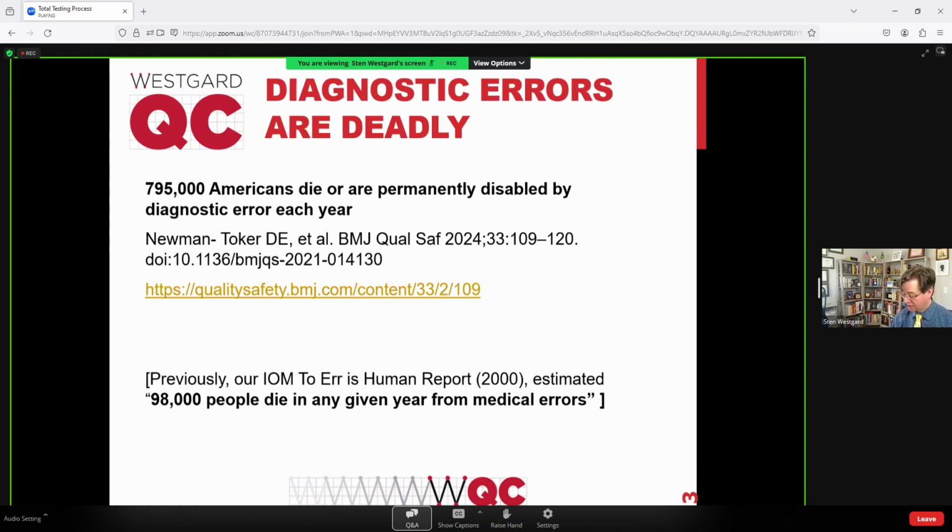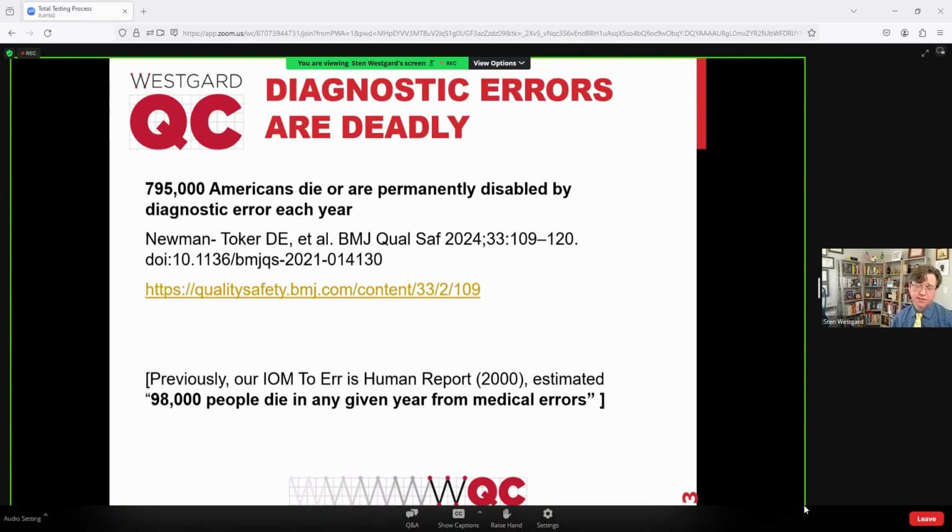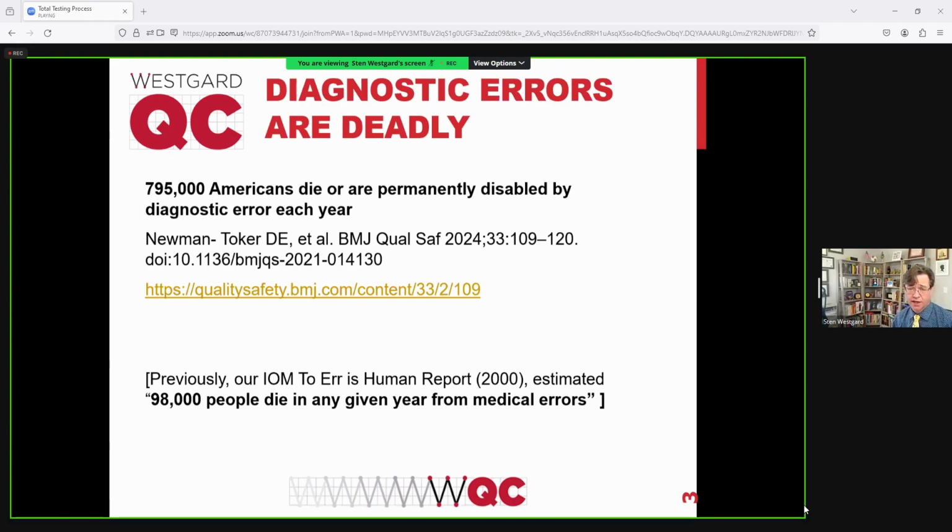These errors are important because we have recent publications saying 795,000 Americans die or are permanently disabled by diagnostic error every year. Now, our previous shocking estimate came out of the Institute of Medicine report, To Err is Human.